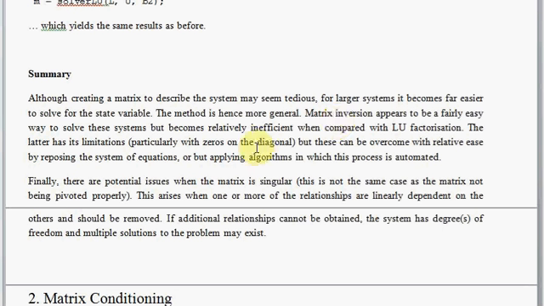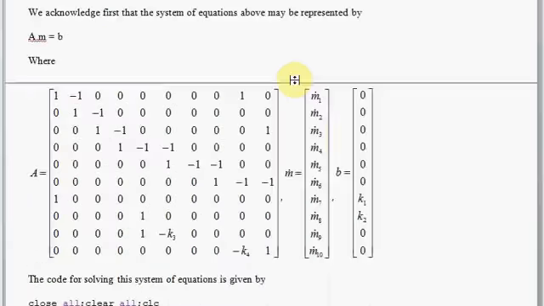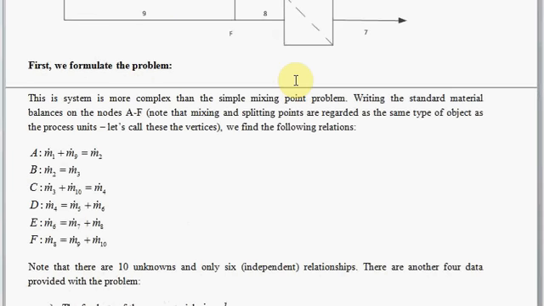Now this issue of having zeros on the diagonal is not the same as the matrix being close to singular. If we have any two rows that can be shown to be a linear combination of any other rows, then that means that some of our relationships are redundant. That we have some repetition in what we're saying.